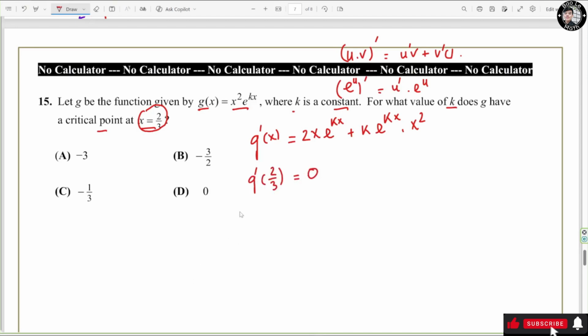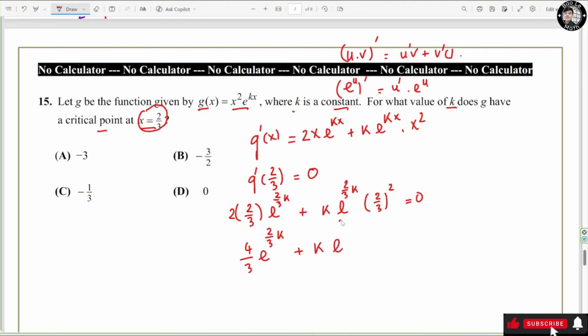So we have 2 times 2 over 3 times e to the 2 over 3 k, plus k times e to the 2 over 3 k times 2 over 3 squared, equal to 0. And then it's going to be 4 over 3 e to the 2 over 3 k plus k times e to the 2 over 3 k.